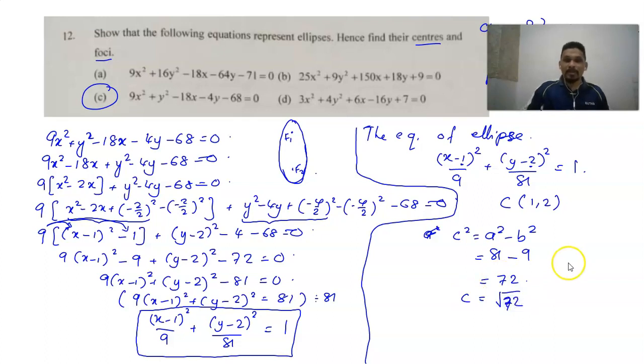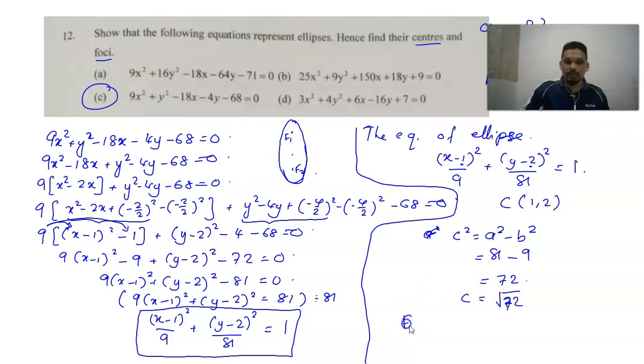So for the foci of this ellipse, from the center, we move square root of 72 units above and square root of 72 units below on the y-axis.